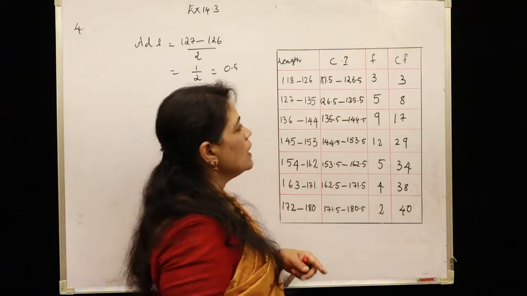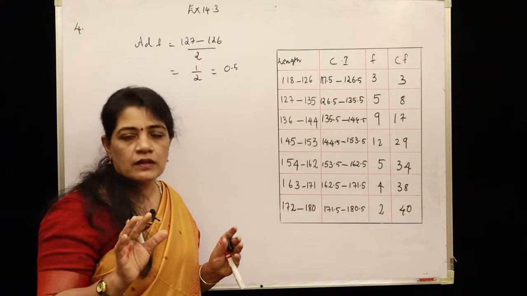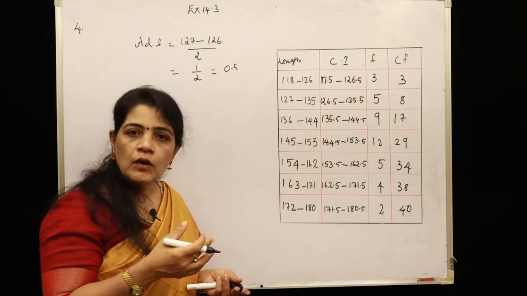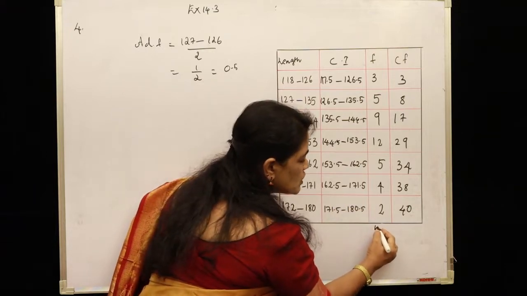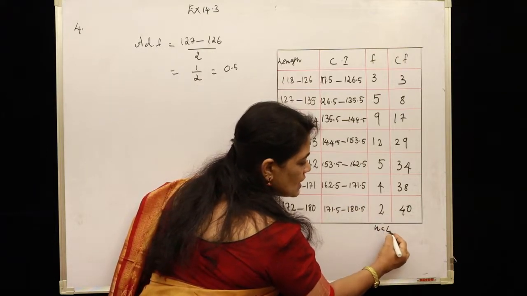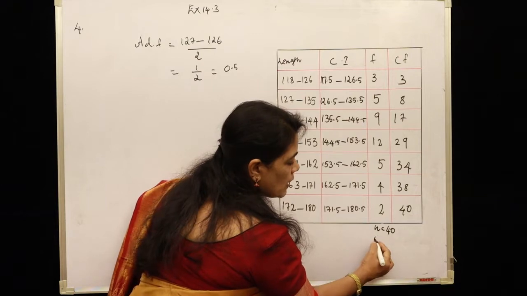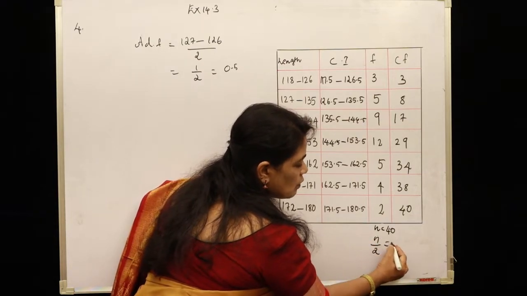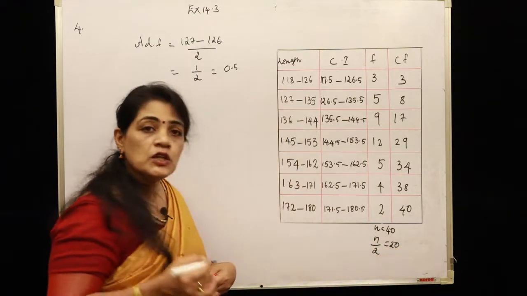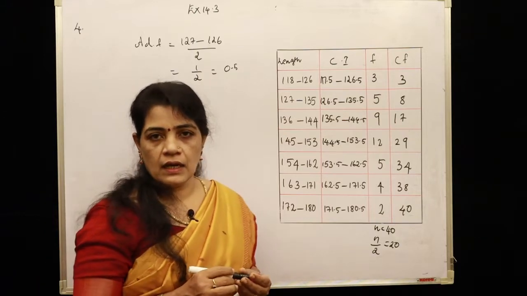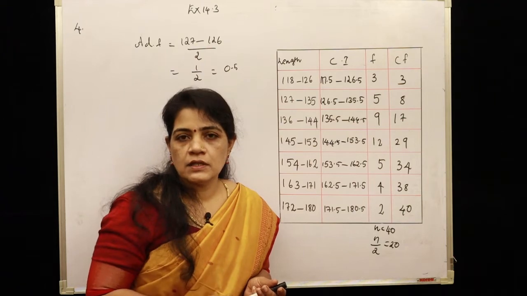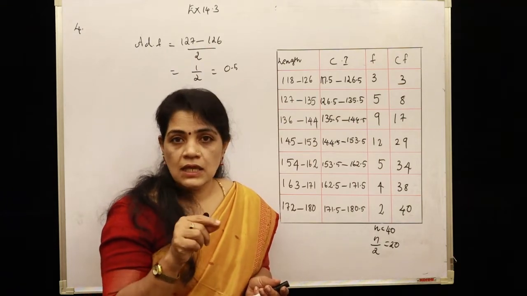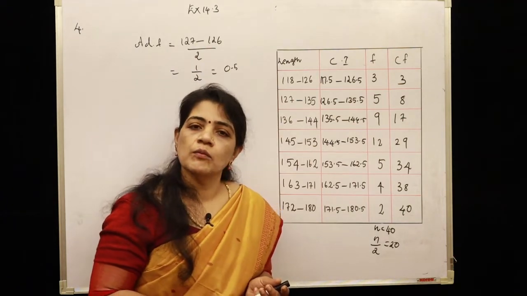Likewise. So now we have the cumulative frequency column, and we are talking about the lengths of 40 leaves. Here small n, the sum of the frequencies, is 40. So n by 2 is equal to 20. In order to locate the median class, we have to find n by 2, and in the cumulative frequency column, find the CF just greater than n by 2.